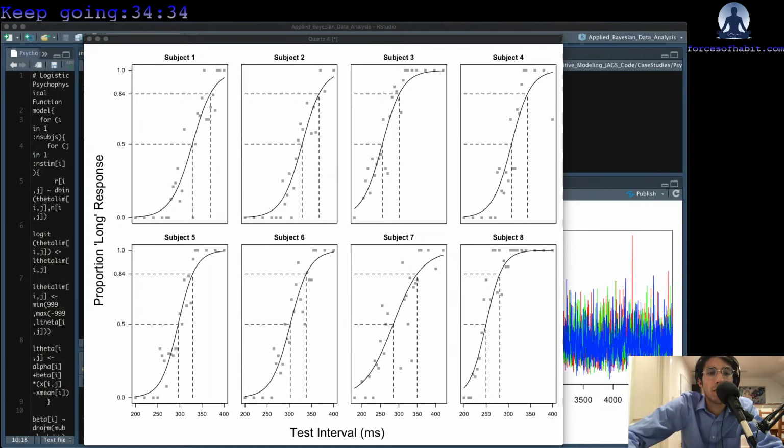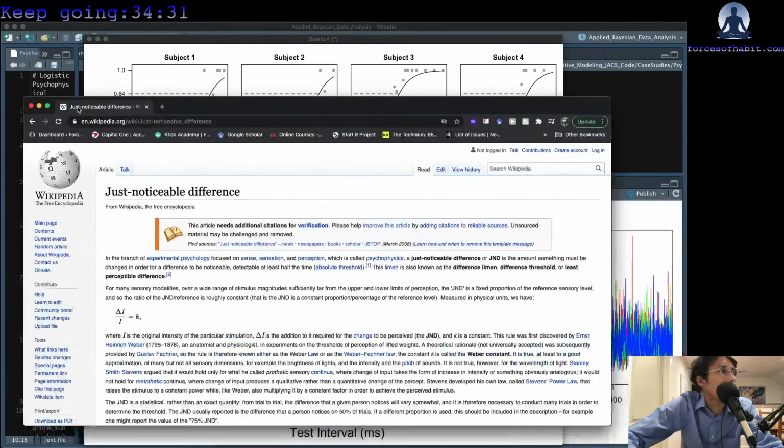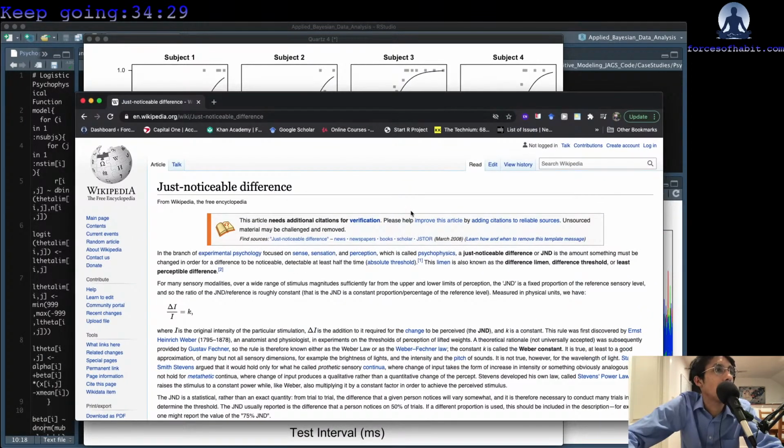I'm just going to look up this term. And I'm going to try to think about it more so I can contextualize what we're actually interested in here. Just noticeable.